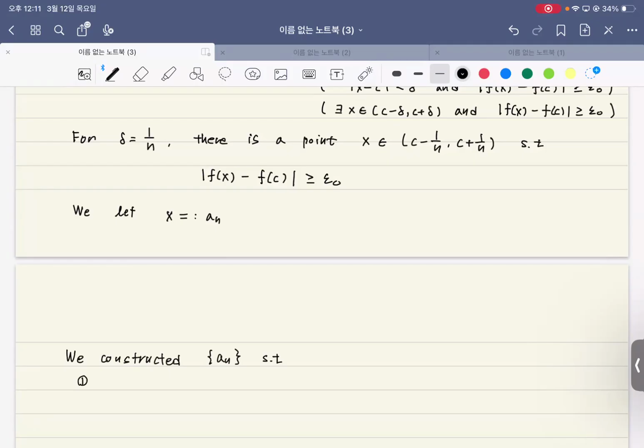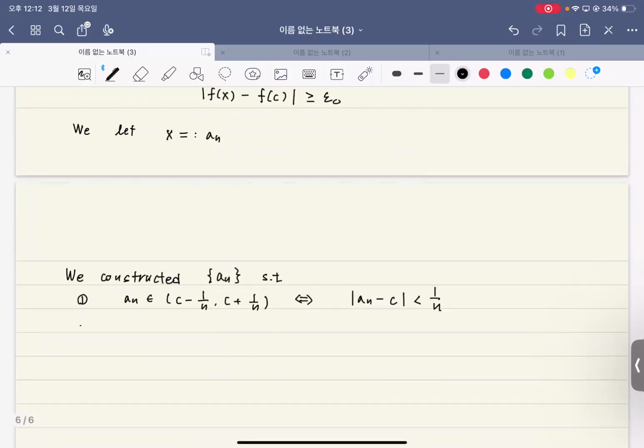First, since a_n is in (c minus 1 over n, c plus 1 over n), this means the absolute value of a_n minus c is less than 1 over n, right?